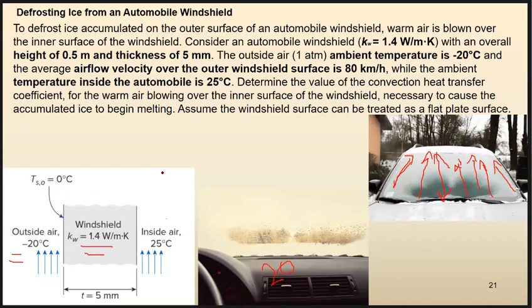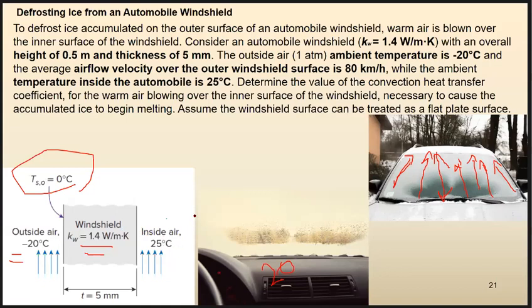To begin melting, the outer surface of the windshield must be at 0 degrees Celsius, right? Because we want to start melting the ice, defrost the ice. So this is very important. Negative 20 degrees Celsius outside, 0 degrees Celsius at the surface, inside is 25 degrees Celsius.